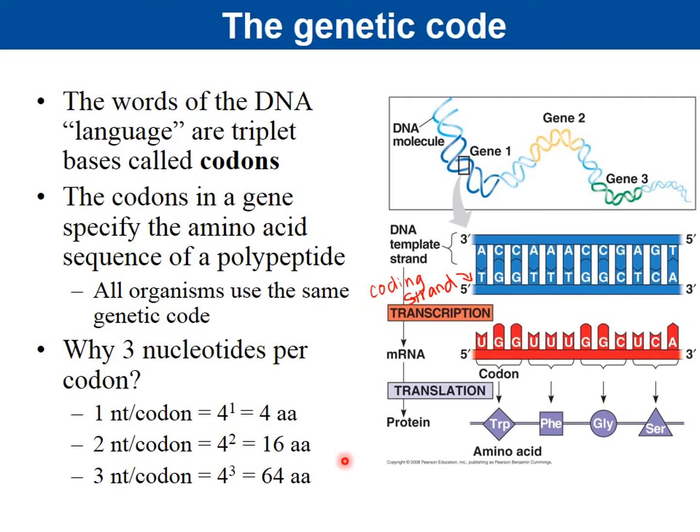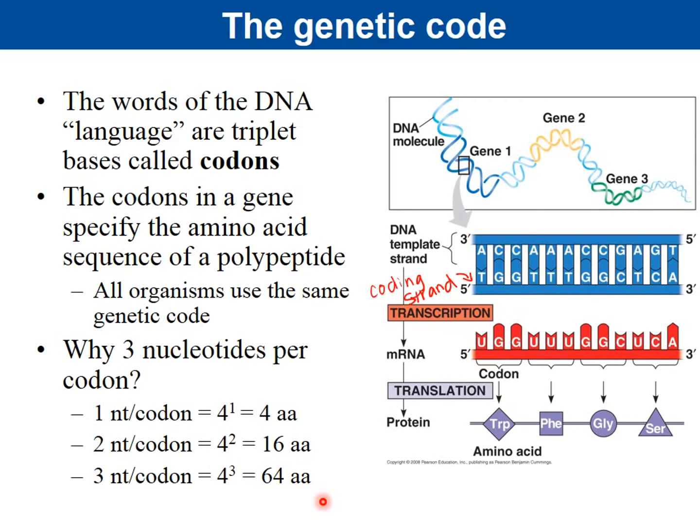But we know that's not true. We know that there are 20. If it were 2 nucleotides per codon, like AA gives us one thing, AT gives us another, 4 to the second, or 16 amino acids would be possible. But again, there are 20. If it was 3 nucleotides per codon, 4 to the third power, 64. And that is enough coverage to give us all 20 amino acids.